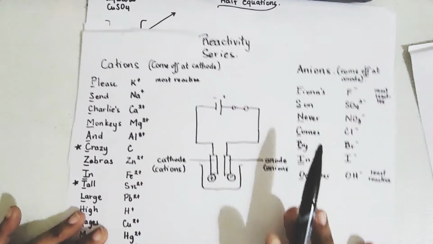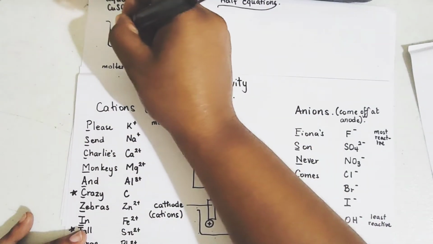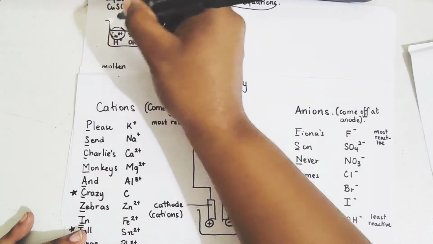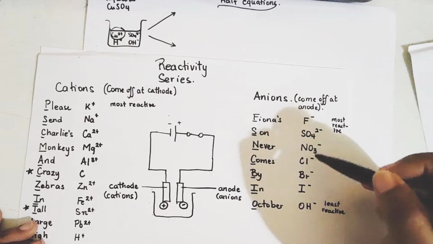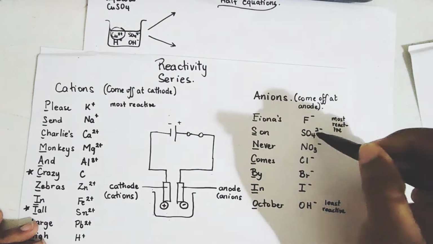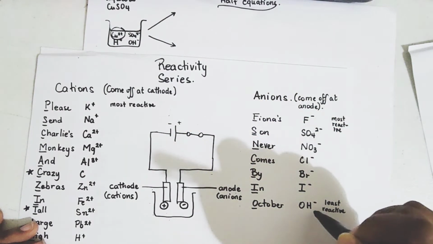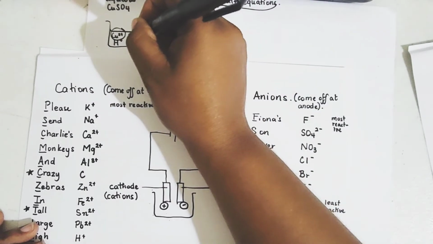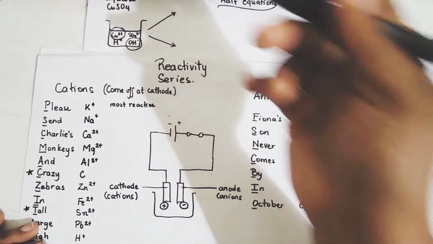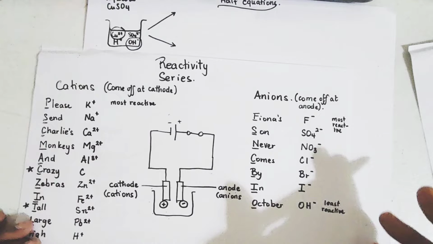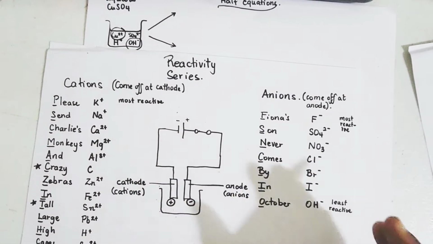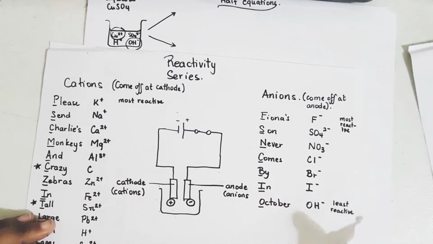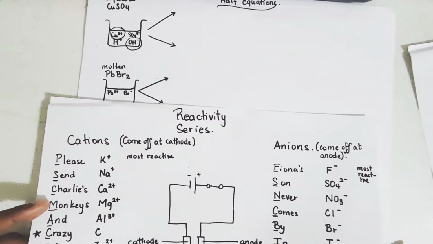So therefore copper would be of interest. It's below hydrogen. And then if you look over here, we're dealing with sulfate and hydroxide ion. Sulfate is up here, hydroxide ion down here. So since it's at the bottom, that's the one we're looking at. So that's how easy it is. So you have to just look at your reactivity series. Well, you're not going to be given one, so you're going to have to remember it based on this.